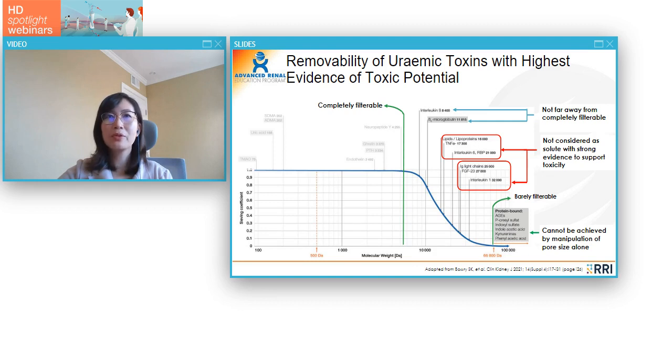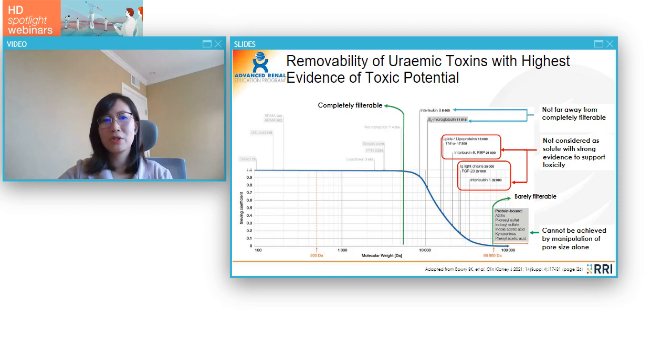The top two, interleukin 8 and beta 2 microglobulin, are considered small middle molecules. Their sieving coefficient is not that far away from one. So they are quite filterable.